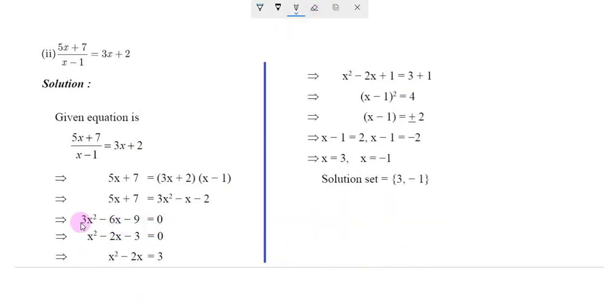Okay. Here look, every term, everywhere, that 3 is common, so we should divide this by 3. So this will be x square minus 2x minus 3 equal to 0. I apply 3, then you will understand easily. 3 cancel, so x square.